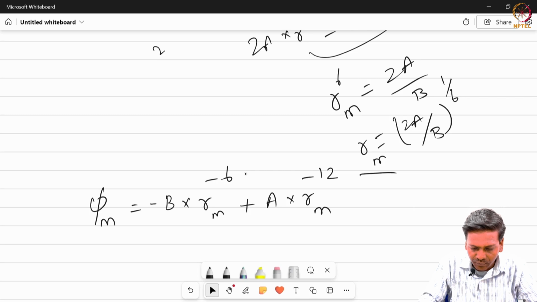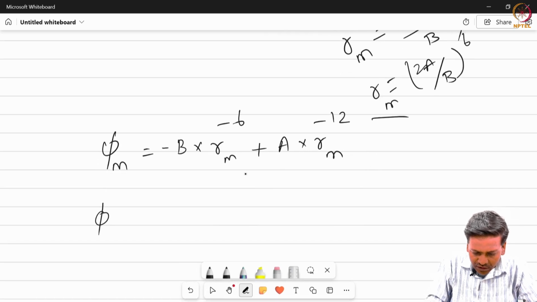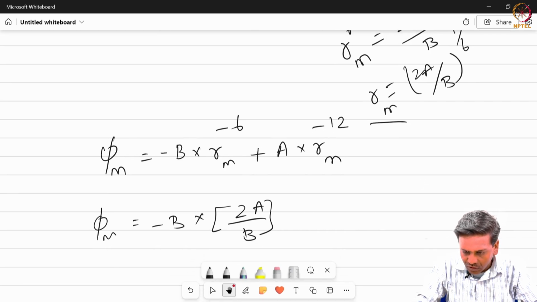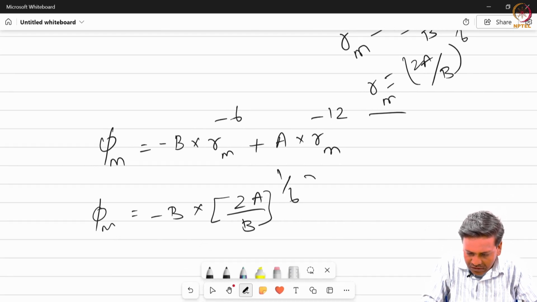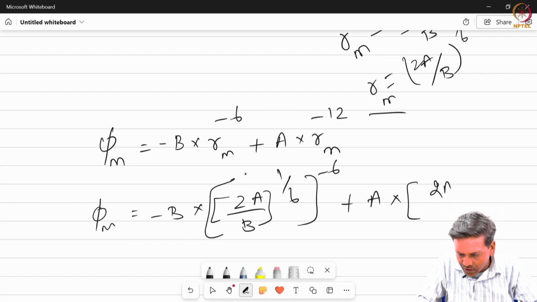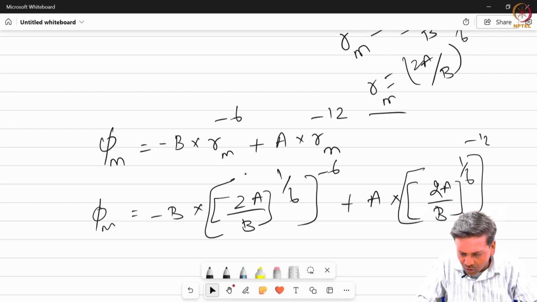Substituting Rm, which is 2a by b power 1 by 6, we have minus b into 2a by b power 1 by 6 whole power minus 6, plus a into 2a by b power 1 by 6 and whole power minus 12.